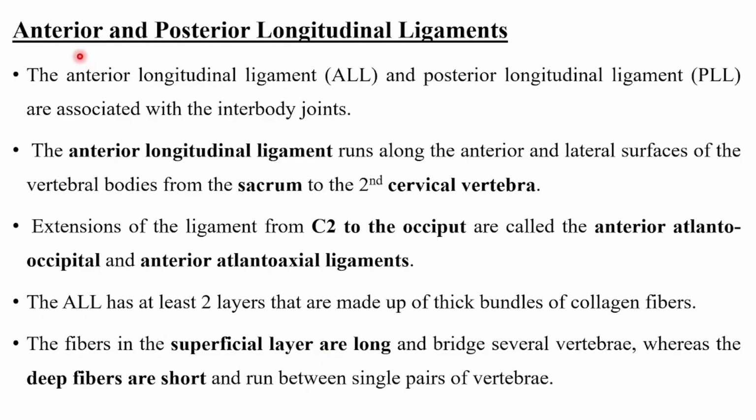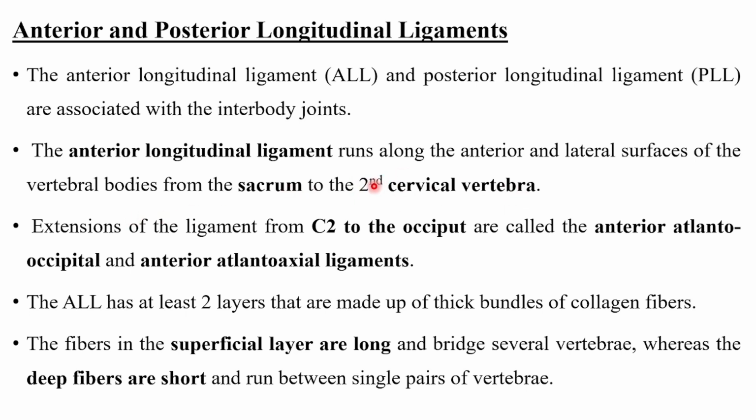First are the anterior and posterior longitudinal ligaments. They are associated with the interbody joints, which means they are attached between two intervertebral bodies. The anterior longitudinal ligament runs along the anterior and lateral surface of the vertebral bodies from the sacrum to the second cervical vertebra.